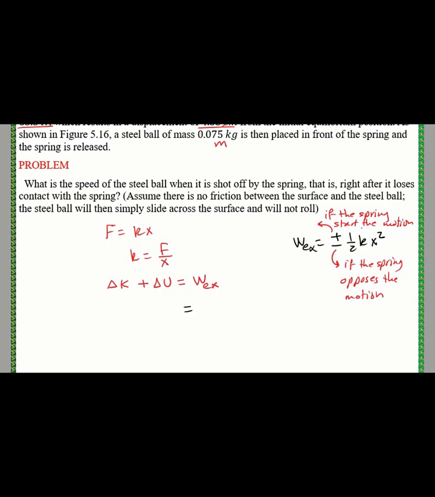In our case, the spring pushes the ball so it starts the motion. So put here 1/2 k x squared with a positive sign.